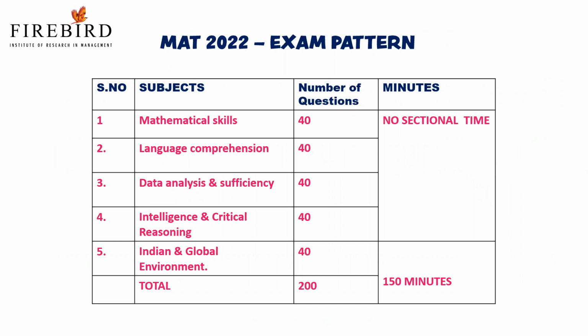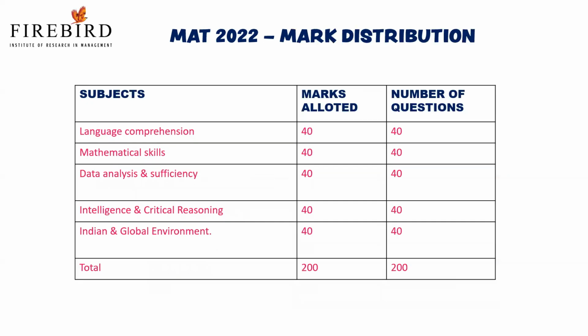When it comes to exam pattern, as I told you, there are 5 sections in MAT 2022. Each section will ask you 40 questions, and there is no sectional timing for any section.